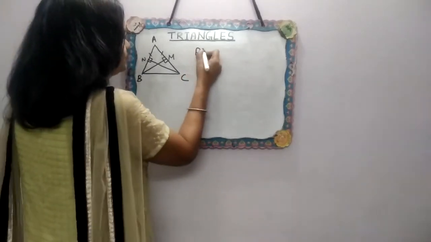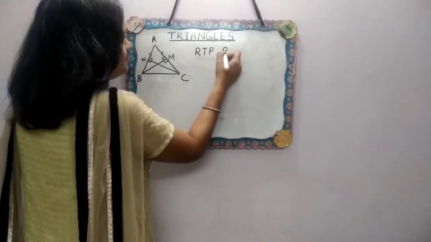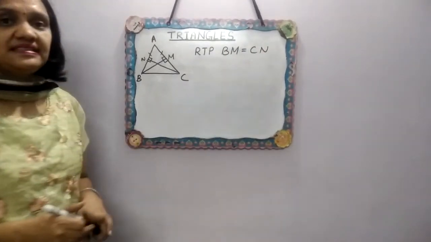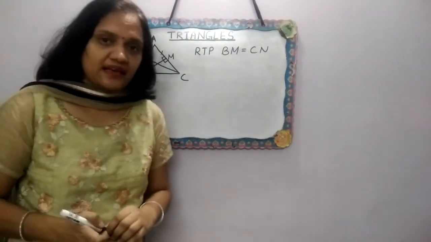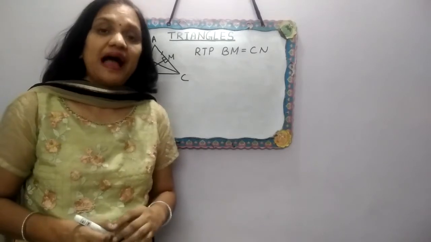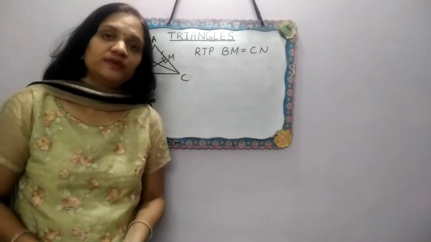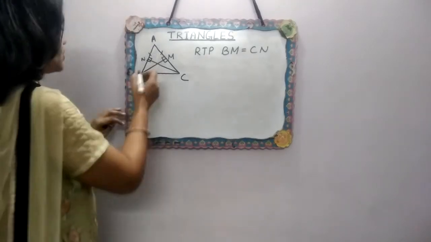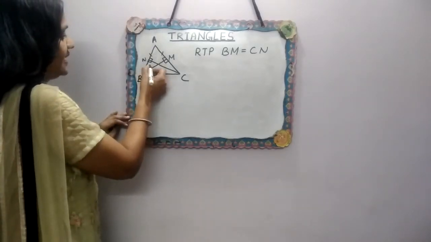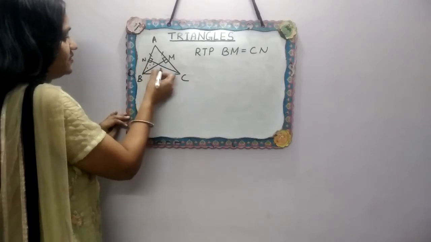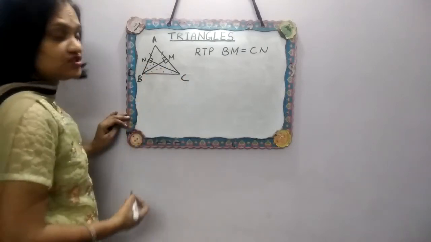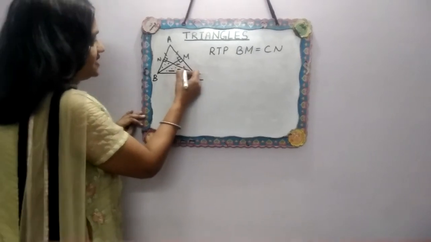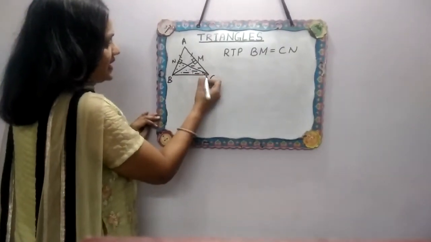You need to prove that BM is equal to CN. Now let's identify two triangles which have both BM and CN, and using congruency we will try to prove that BM is equal to CN. So one triangle I'll take is this one with the dots in it, and the other triangle I'm taking is the triangle with these broken lines.